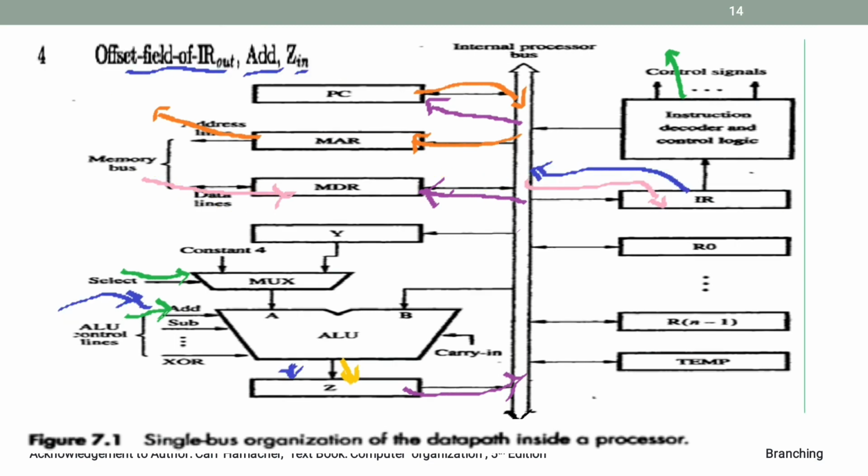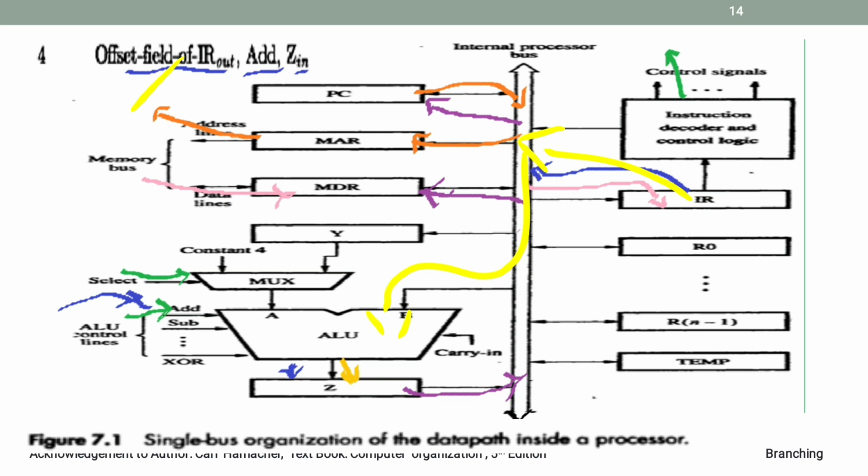In step 4 of control sequence, this is offset field of IR out, which means from the instruction register the offset is given. So that is plus 46, given in the previous example we discussed. It goes as B operand because it is there on the processor bus.